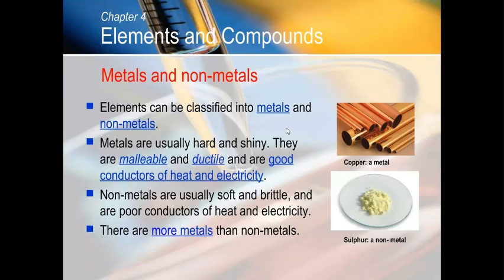If you do not fulfill these three basic requirements, that element cannot be considered a metal, because 99.9% of metals are electrically conductive. Non-metals are usually soft and brittle and are poor conductors of heat and electricity. Moreover, there are more metals than non-metals. Sulfur is a non-metal, and copper, for example, is a metal. So you could draw the line between the two.